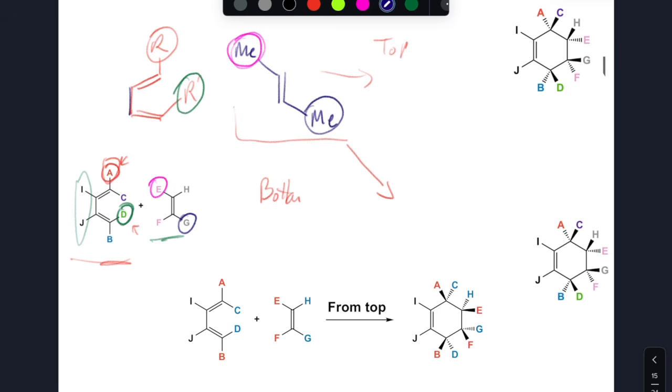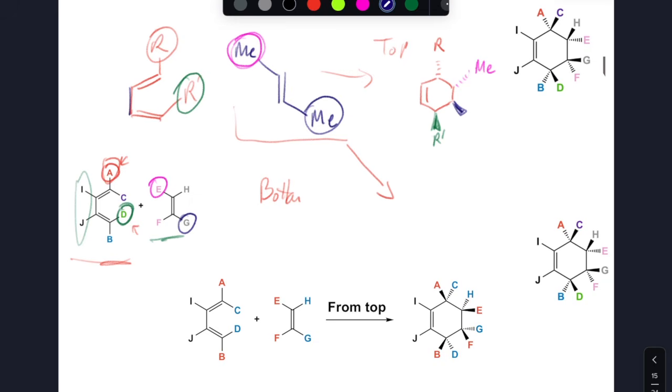So coming in from the top, that's this one up here, we'll end up with our cyclohexene. Once again, dash is R. Wedge down here is my R prime. Notice again, these are anti to each other because they're anti over here relative to each other. The methyl in my E position is dash methyl, and in G is wedge methyl.